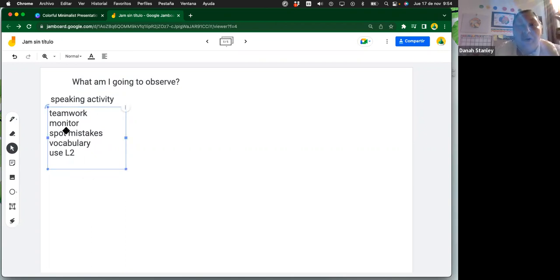So we need to monitor in order to spot mistakes, grammatical mistakes, if they are using the vocabulary correctly, if they are using L2, if they are fluent, if they are fulfilling the task.